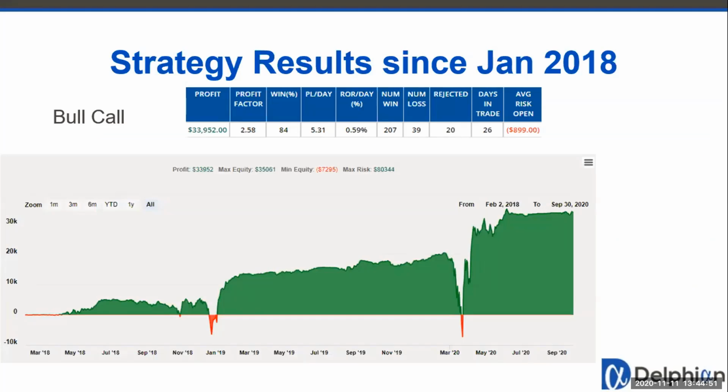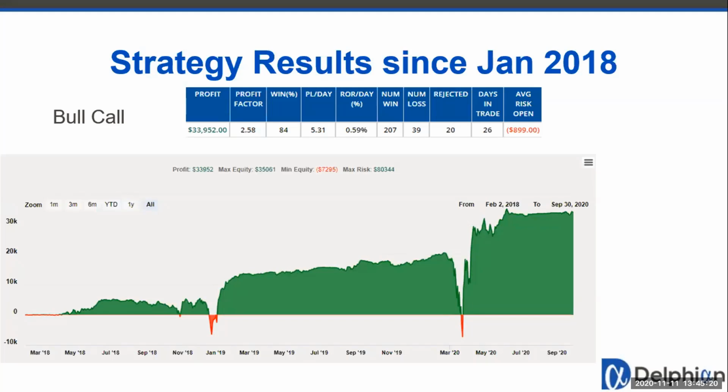So this is the overall day-by-day strategy results. You can see when the market tanks, obviously you get a little dip there. Overall, nice and strong. Like we tell all of our members, your first step, before you even look at the studies, is to decide market direction.